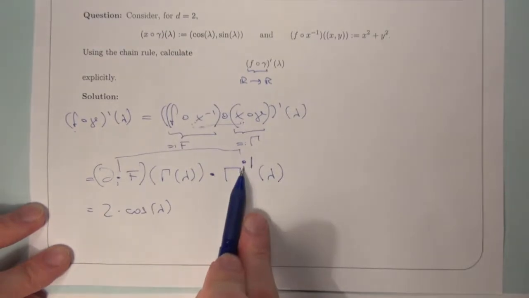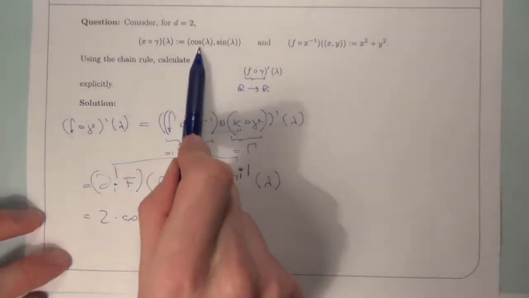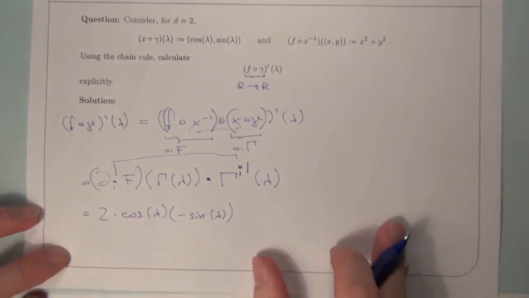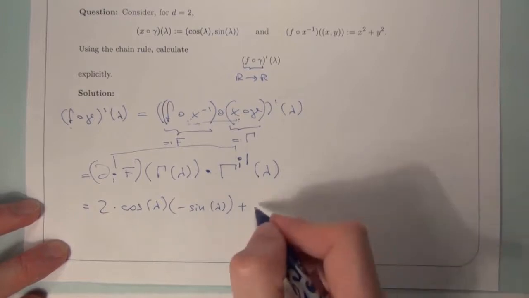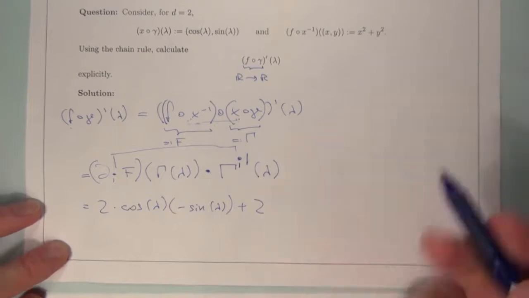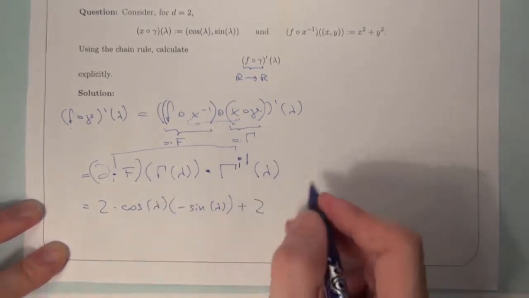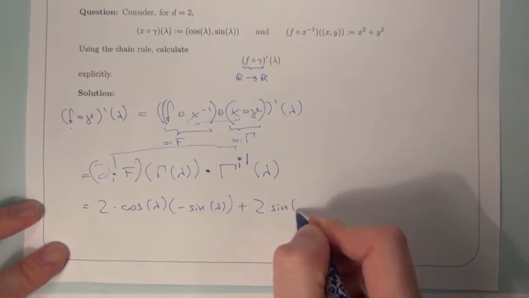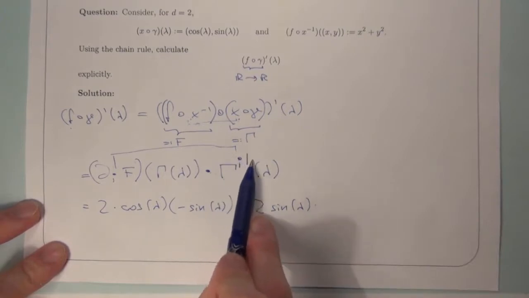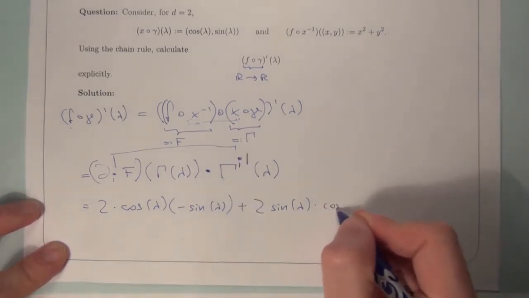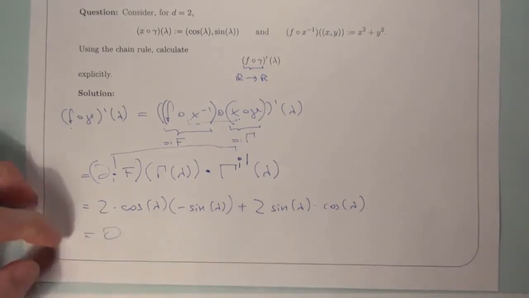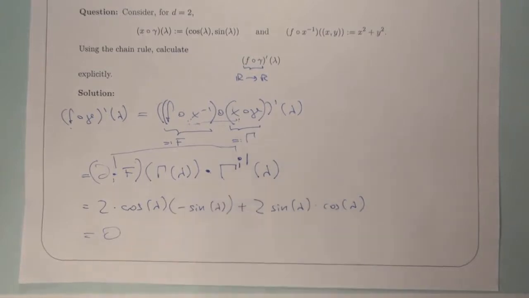Deriving the first entry here yields minus sine of lambda. That's the first summand, and the second one is similar. We have 2 times y, but evaluated at sine of lambda, times gamma 2 prime, which is cosine of lambda. And you see this minus sign cancels the second term, and therefore we have 0.